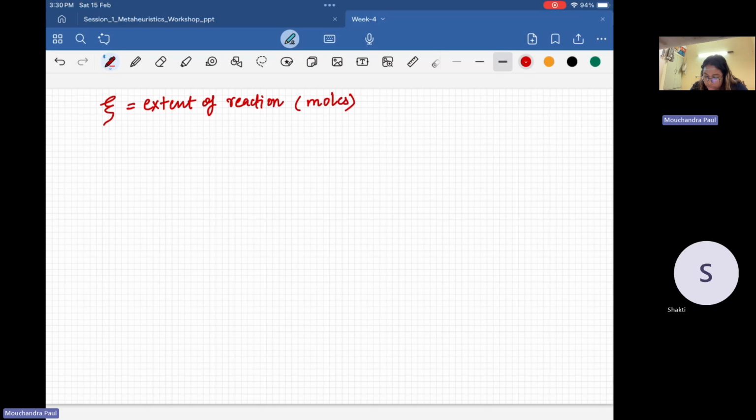There is a very easy expression that you can remember later as well. The number of moles of species i coming out is equal to the number of moles of species i coming in, which I'm representing with a naught sign, plus nu i, the stoichiometric coefficient of this species in the reaction, times your extent of reaction.